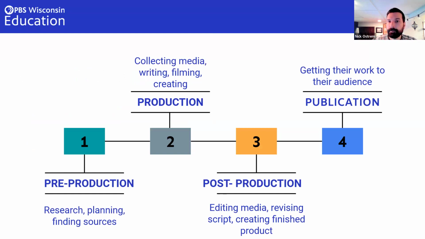You're putting all that together. You're putting together shot lists. I'll talk more in detail about this in a minute. And then you move into your actual production. So that's filming or recording, whatever it is. Post-production, that's when you're editing, you're revising, you're getting feedback, you're making changes, and then publishing. So however you decide to share it.